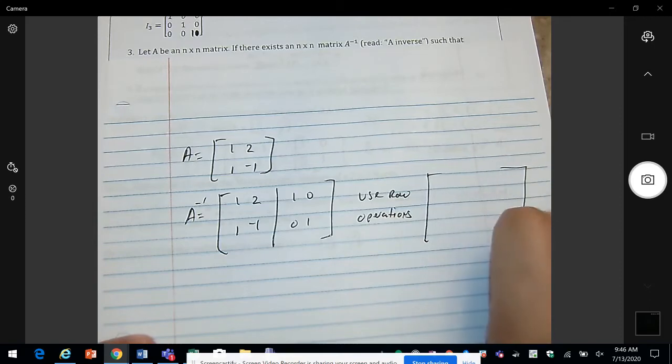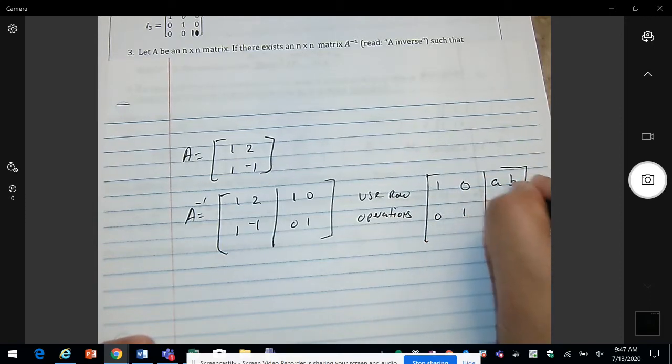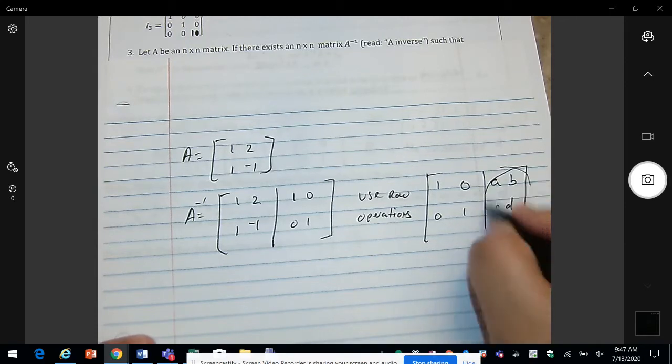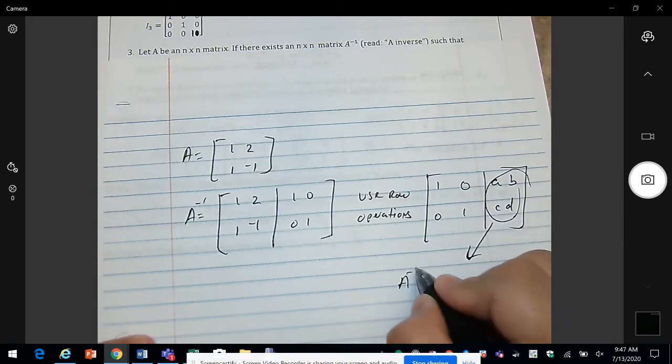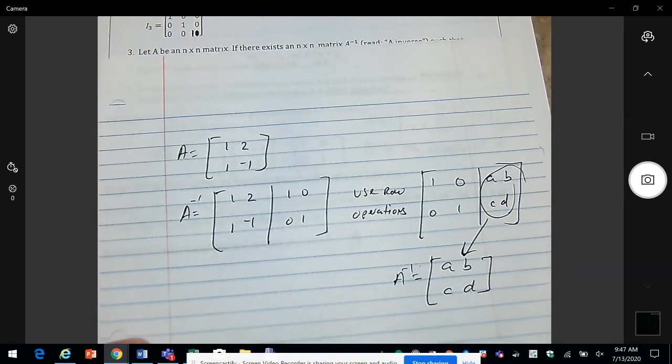Our goal is going to be to end up with the identity matrix on this side. And so this part here would be your inverse. Okay. So that is one way.